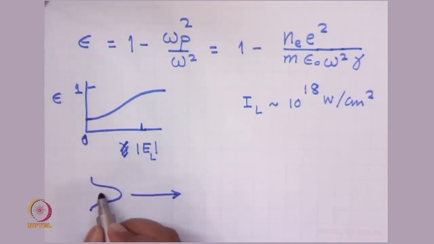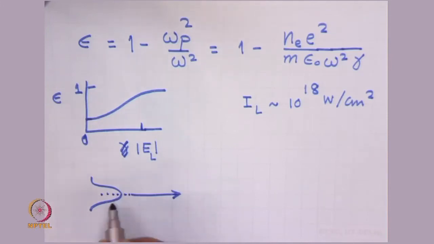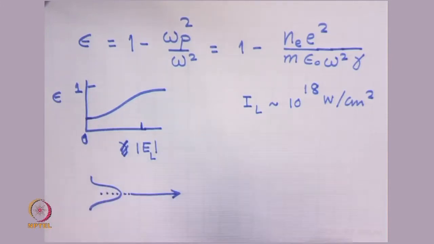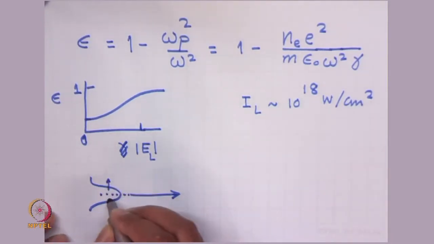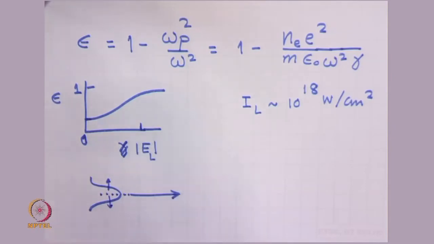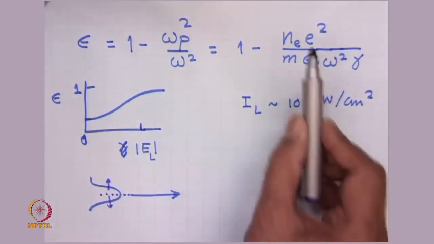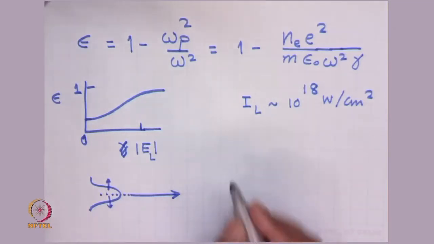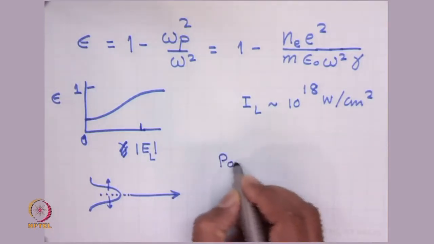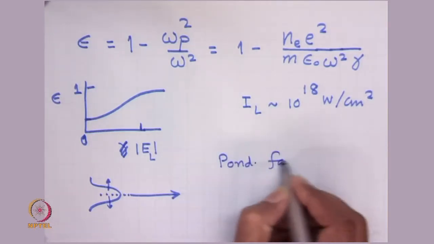Then the laser amplitude is large on the axis of the beam and it decreases in the perpendicular direction. So the radiation pressure is more here, less outside, and the electrons experience a force in the radially outward direction, and there is a density depletion. So the density can also be modified by this radiation pressure force, which is also called the ponderomotive force.